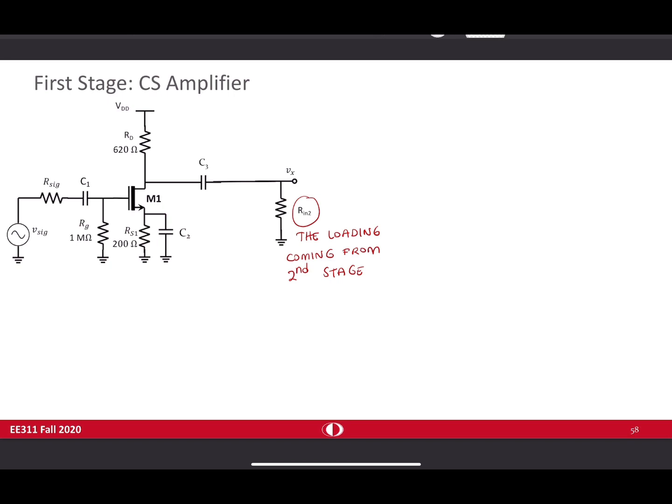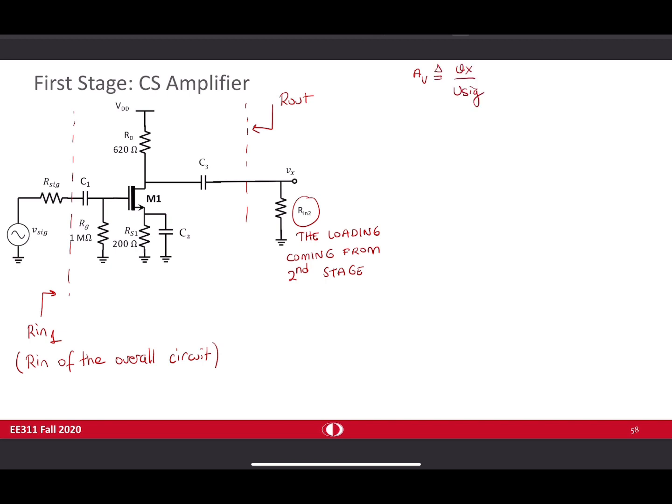Then what I need to do is I need to find again 3 important parameters. One of them is, of course, the input resistance of the first stage, which is in fact Rin of the overall circuit. We need to find Rout, and we need to find AV, which is defined as Vx divided by V signal.